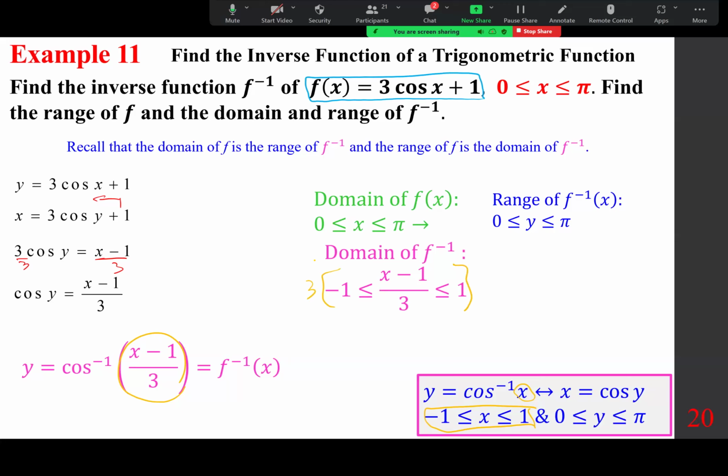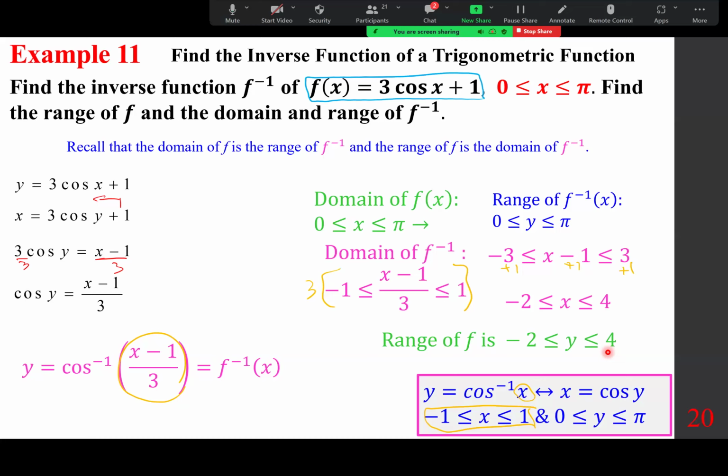We get negative 3 less than or equal to x minus 1 less than or equal to 3. Let's add 1. x is between negative 2 and 4, which makes it the domain of f inverse, the range of f. So for the range of f, y is between negative 2 and 4.